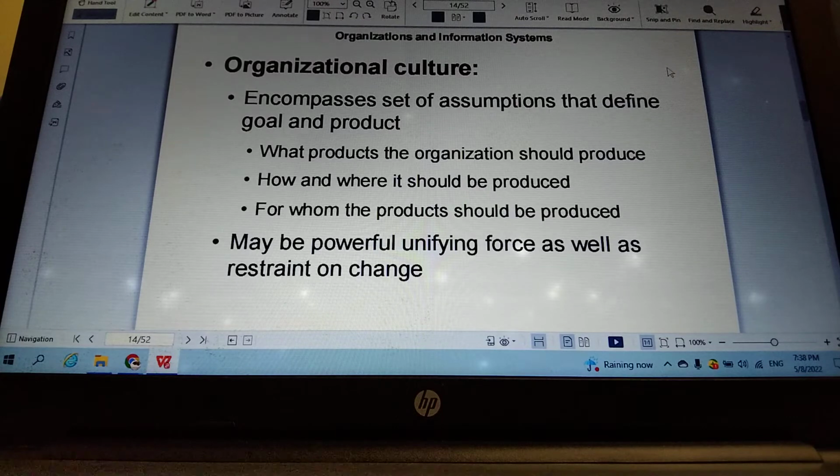So when you work for a company, I'm very sure you will be briefed and you will be part of it, involving yourself in producing or making the products for that particular organization, either directly or indirectly.